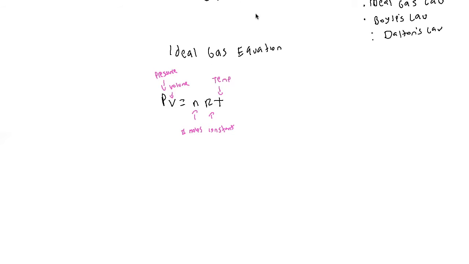But we're dealing with the human body here. Because of that, we assume that moles is basically constant. Temperature is basically constant. We don't need to include the constant. So all we're left now is pressure and volume, and you can actually rewrite this equation as V equals 1 over P. So what does this mean?